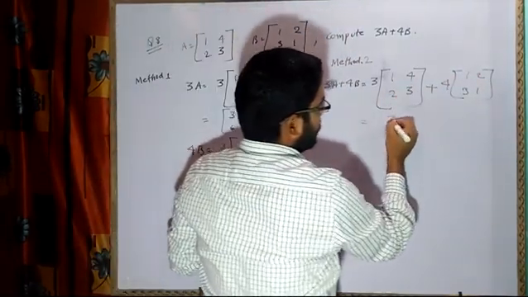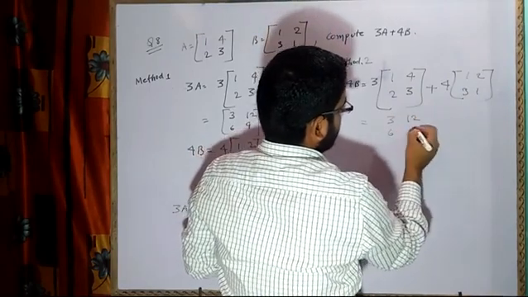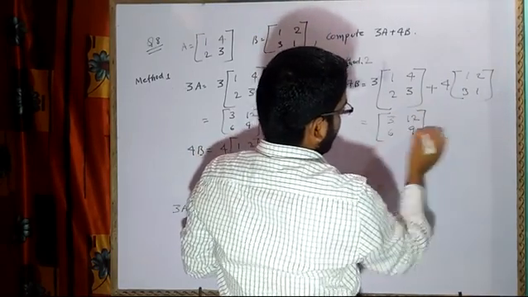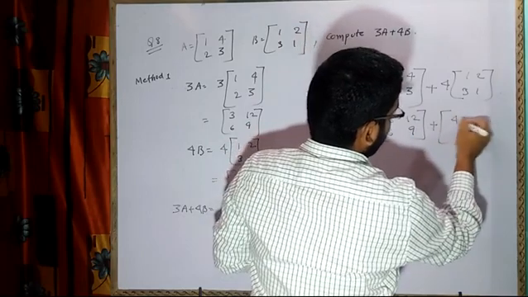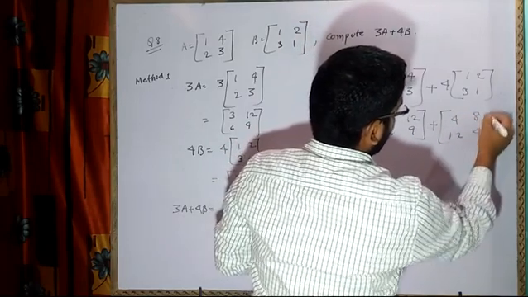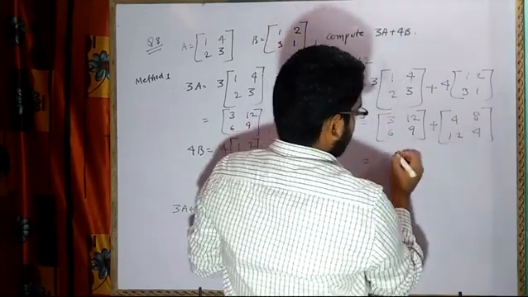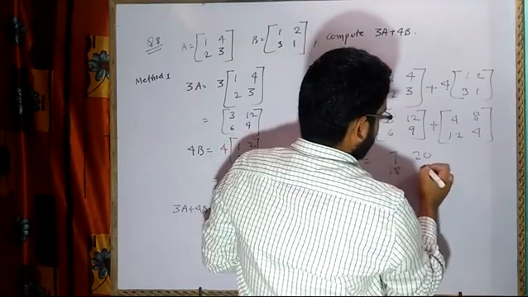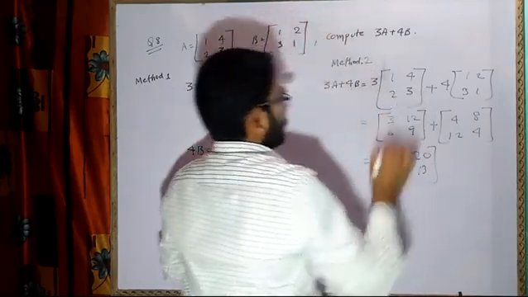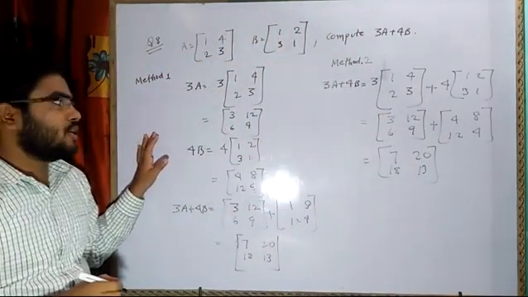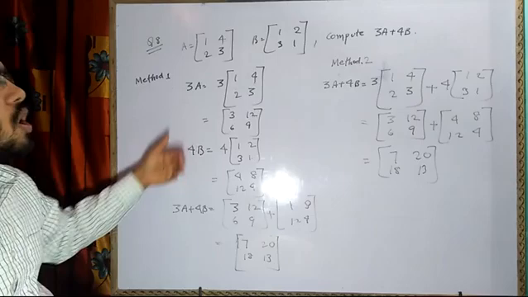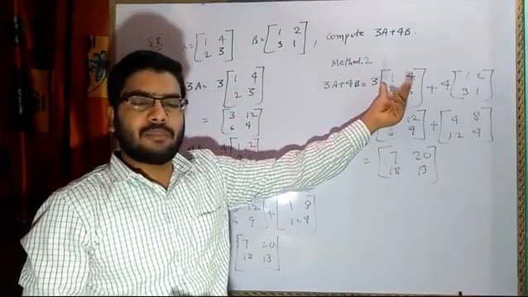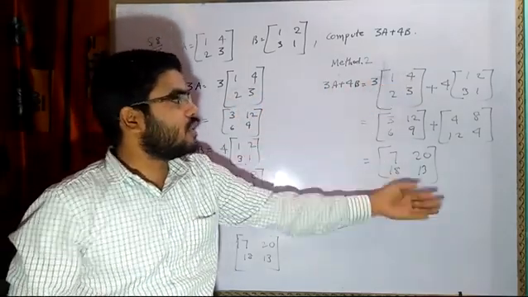Now 3, 12, 6, 9 plus 4, 8, 12, 4. Then you will have 7, 20, 18, 13. So whichever method you want, you can use. First you find out 3A and 4B, or directly you can multiply the matrix with the scalar values 3 and 4 and then simplify.